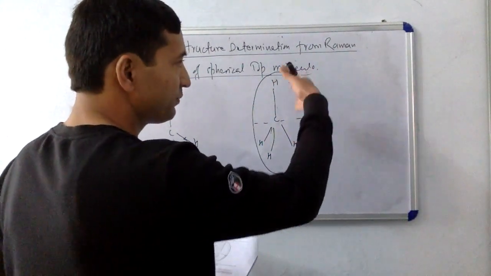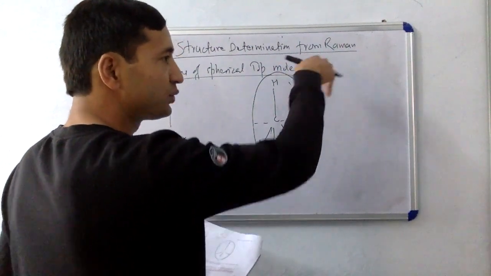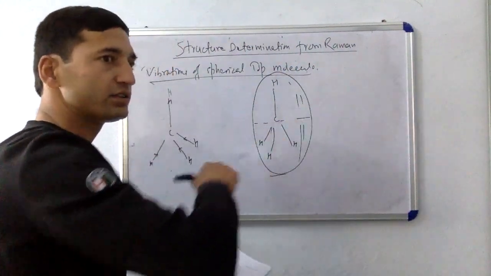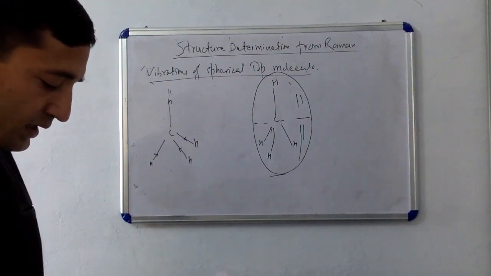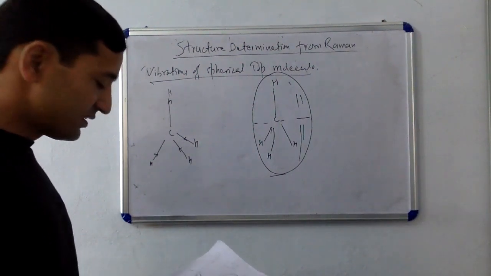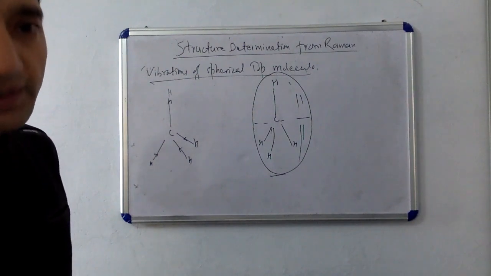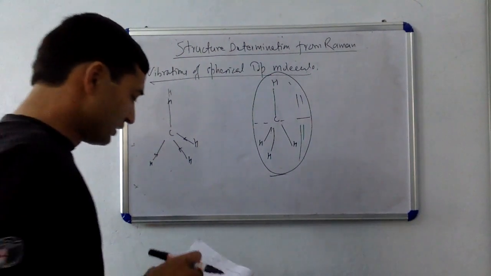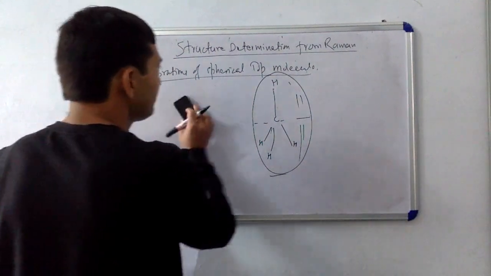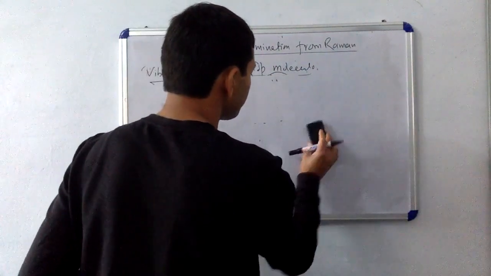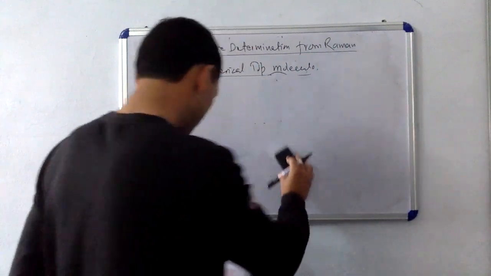At the output we can put our polarizer or analyzer, rotate it, and find out the polarization of the emitted spectral lines, with z being the direction of my incident light. With the help of this depolarization and polarization, we can find out the symmetry and asymmetry of the molecule.